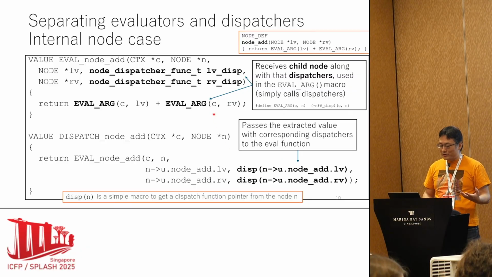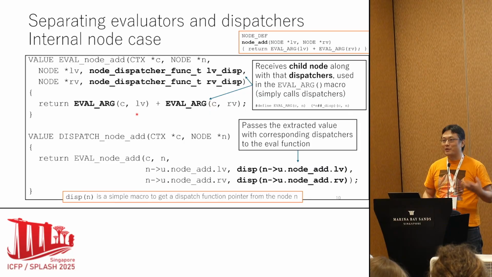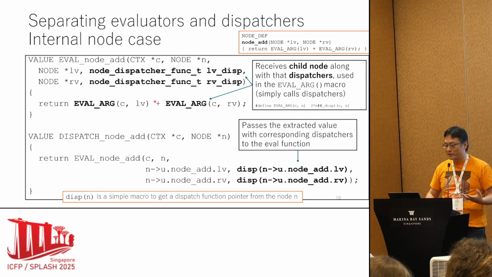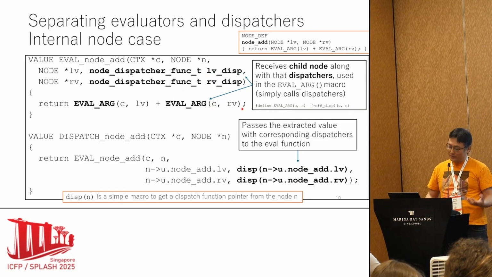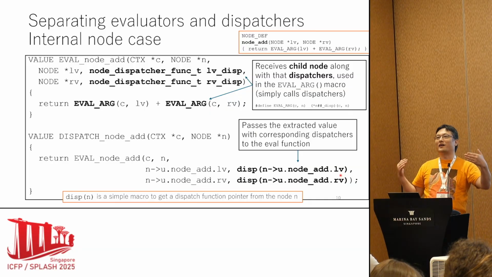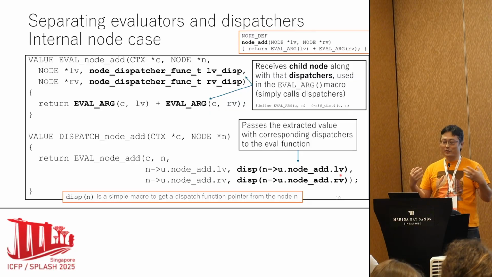So this function is passed, and eval arg simply calls the corresponding dispatch function for LV. So in this case, eval arg LV means calling this pointer with the context. It's only a small change, and I think there is no difficulty too.